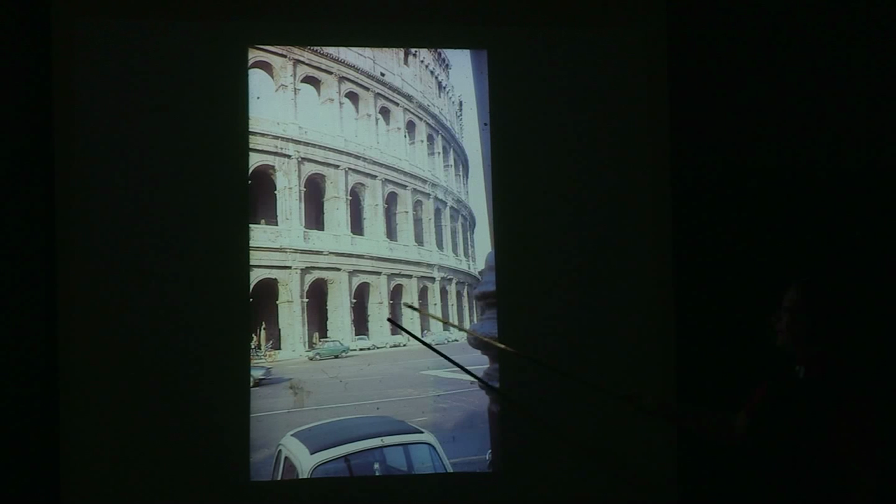And all the articulation, which we see here on the exterior surface of the Colosseum, becomes transmitted to the interior, and the exterior is left plain. So it's almost as if you unwrap the facade of the Colosseum and then drop it into the inside of the Pantheon or buildings of that sort.